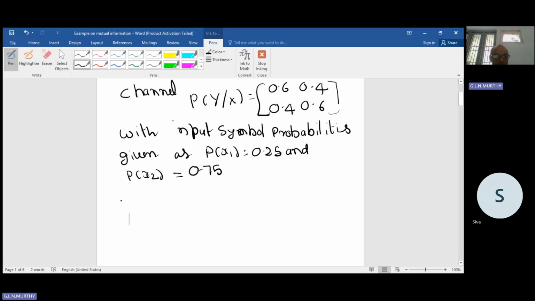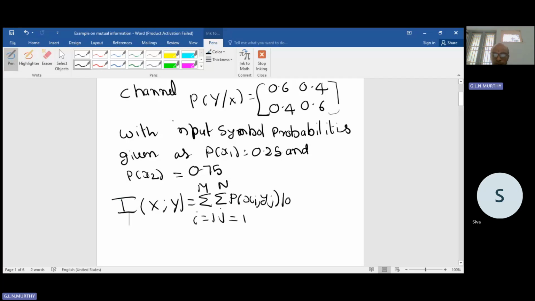Mutual information is defined as the amount of information transferred over the channel when symbol xi is transmitted and yj is received.